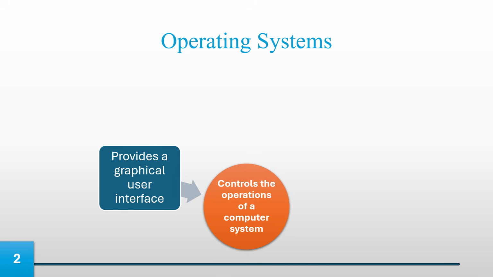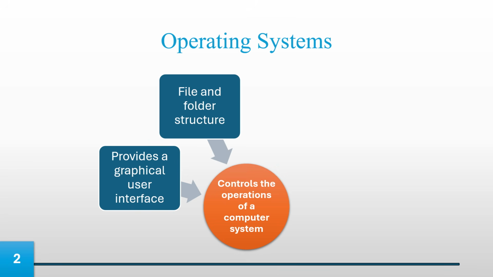So the operating system provides a graphical user interface. So instead of just looking at code, ones and zeros and X's and O's, we're actually seeing pictures on our screen, boxes and different shapes that we can interact with. A folder icon looks just like a folder, right? A video icon just looks like a video camera.